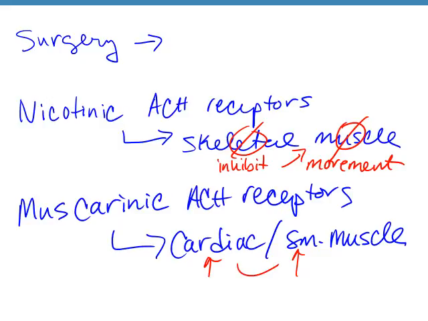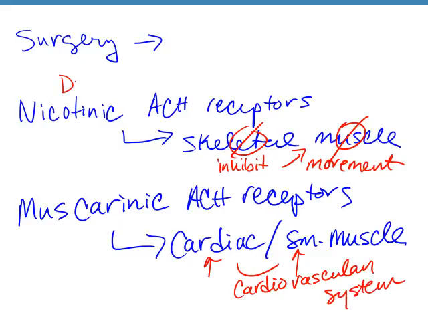So these two together work your cardiovascular system. So we can give you a drug that blocks just your nicotinic acetylcholine receptors. So it blocks just the receptors to your skeletal muscle, and it allows your muscarinic to work.